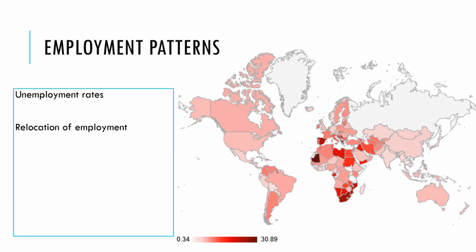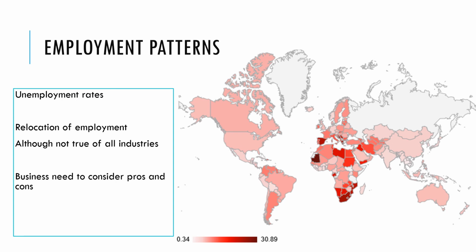And so this relocation of employment that we've seen over the last decade has had an impact. Although it's not true of all industries, you would argue it's mainly been true of manufacturing rather than tertiary sector services. So businesses need to consider carefully the pros and cons of what this suggests.